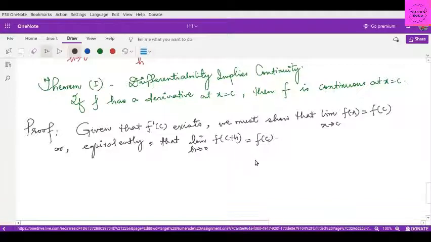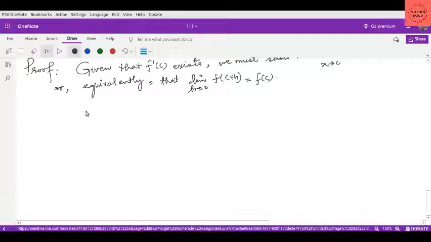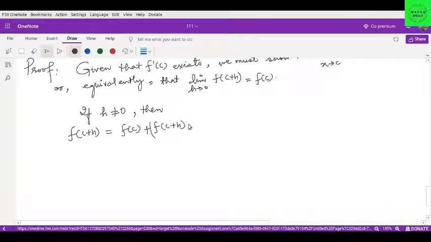We have further the statement, that is if h is not equal to 0, then f of c plus h equals f of c plus f of c plus h minus f of c. Here we have added and subtracted f of c.